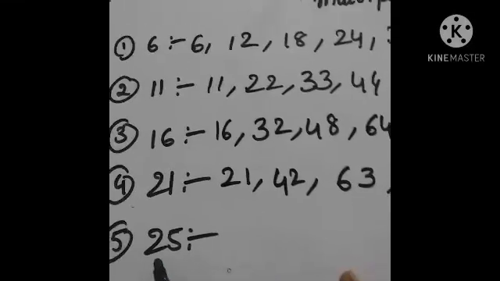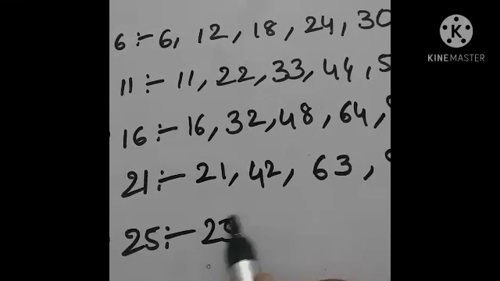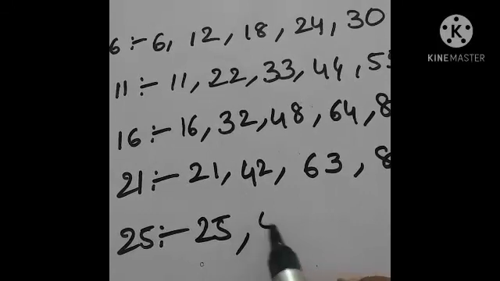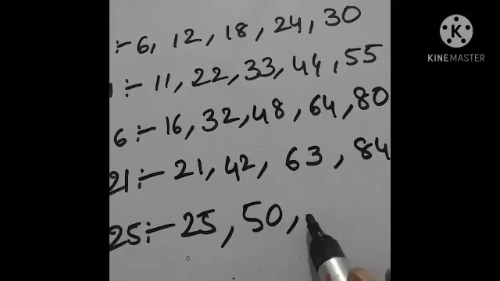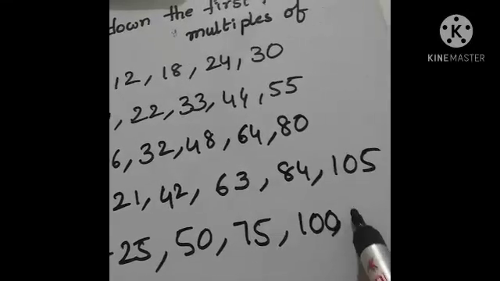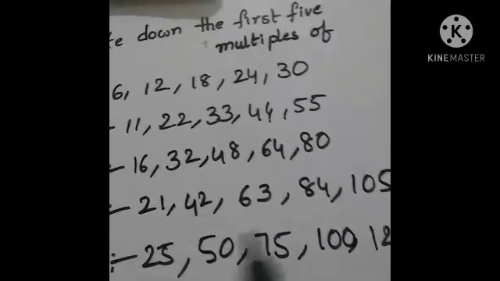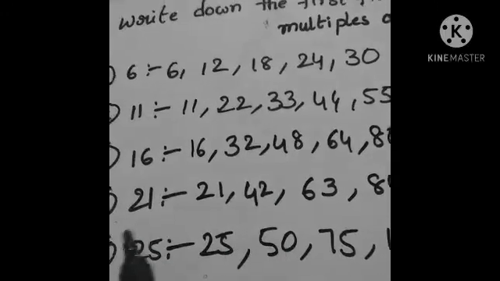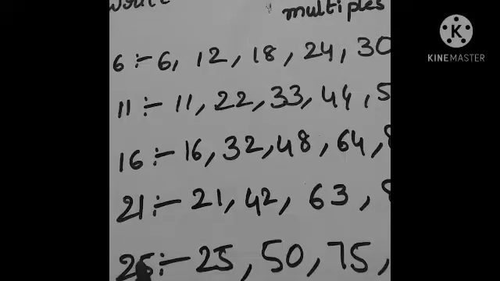Next, fifth one is 25. 25, 50, 25 3s are 75, 25 4s are 100, 25 5s are 125. Like this we have to find multiples of given numbers.